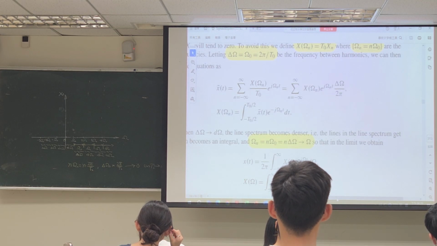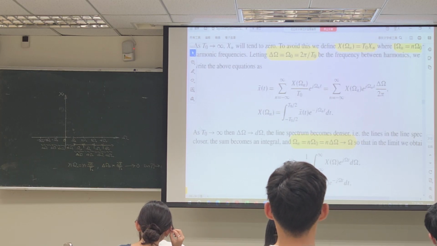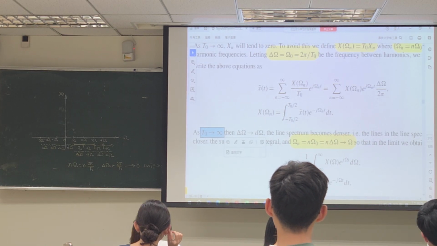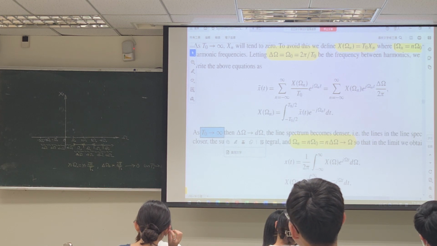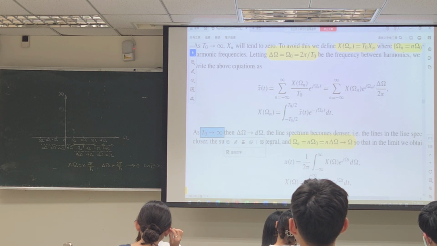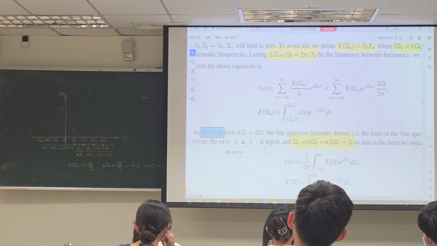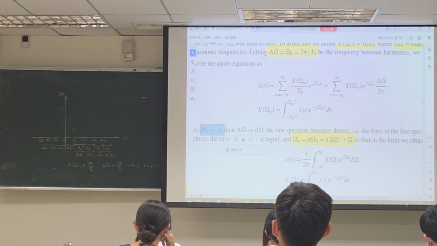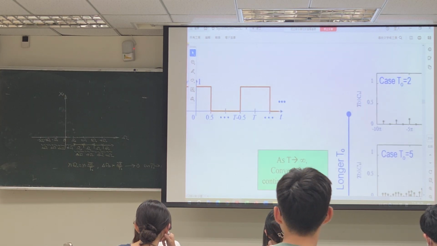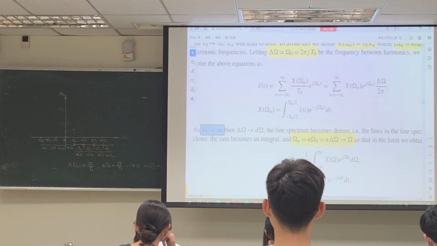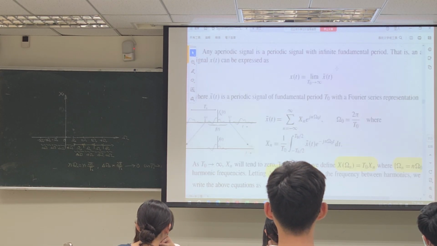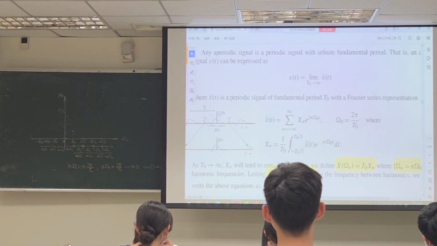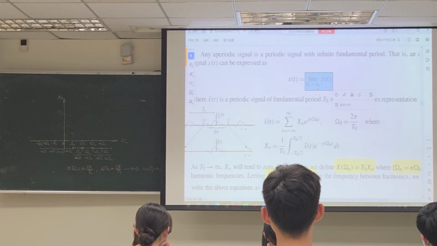All right, and then we let T sub 0, the period, go to infinity. We assume the function has infinite period of time. That's the tricky part, that's the idea. Then this delta omega can be replaced by d omega, a very tiny quantity. Then this function x delta of t can be changed to x of t, because by definition x of t is the limit of x delta of t when T sub 0 goes to infinity.